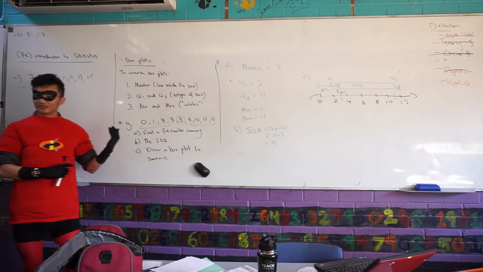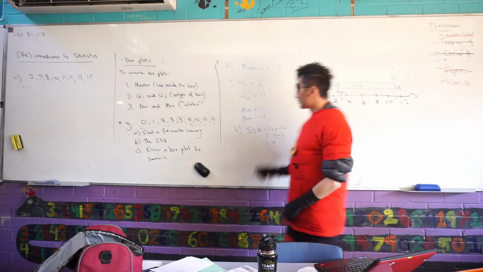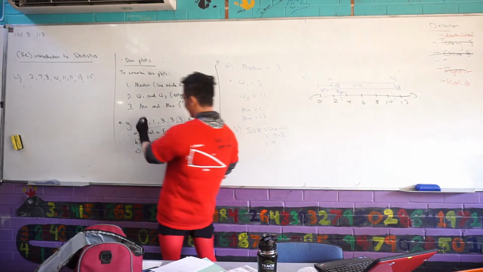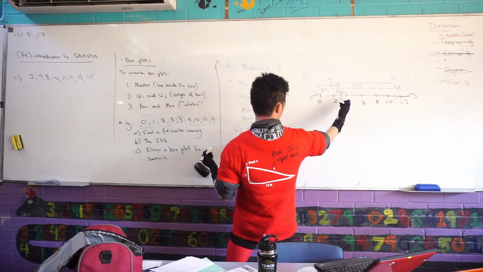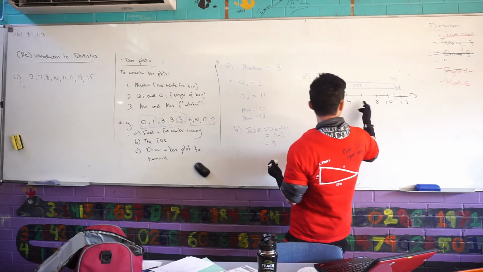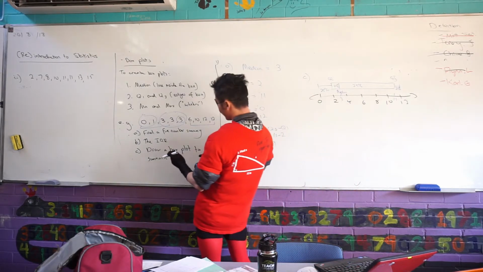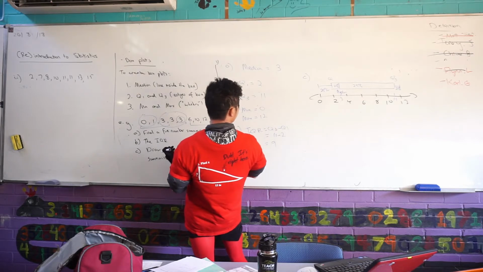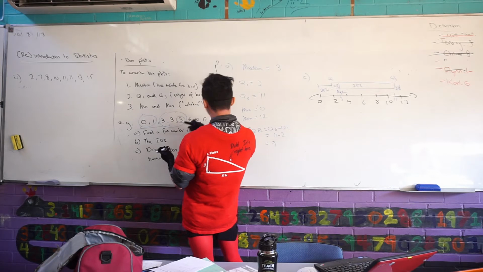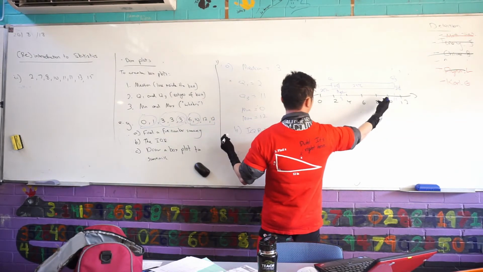Does that make sense? So the whole idea with the box plot is I'm trying to see where my data is spread out. I'm trying to split it up roughly into 4 groups. So let's see if that actually works. So 0 to 2, 2 to 3, and then 3 to 11 would be like this, and then 11 to 12 would be like that.